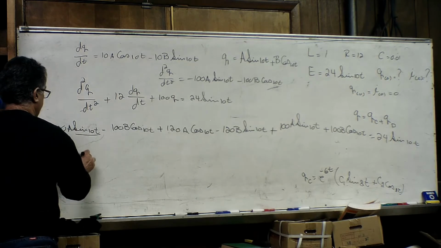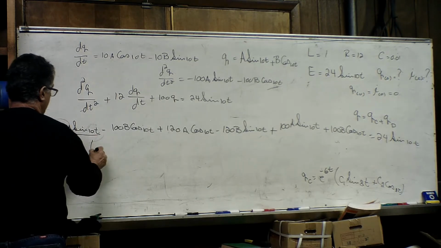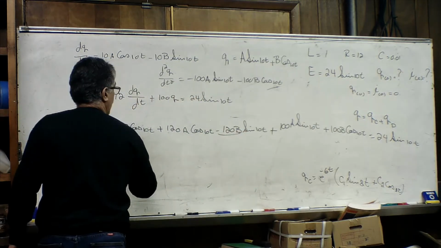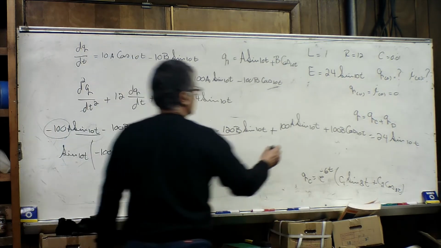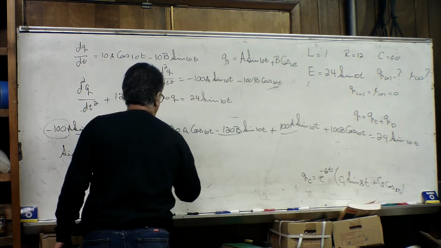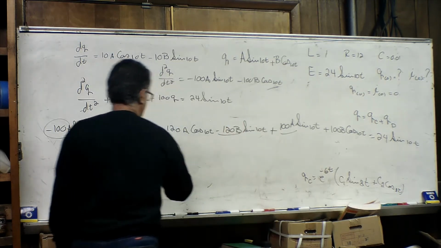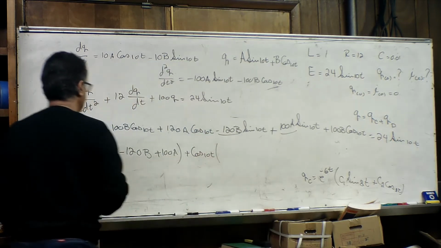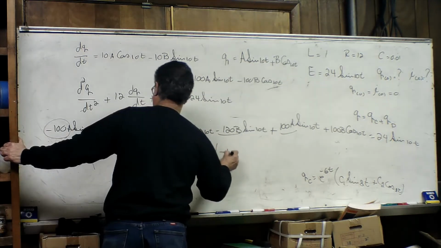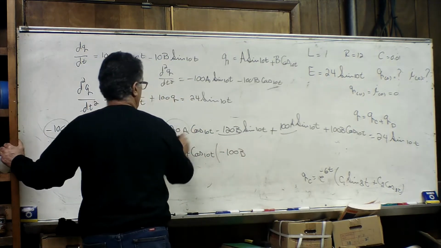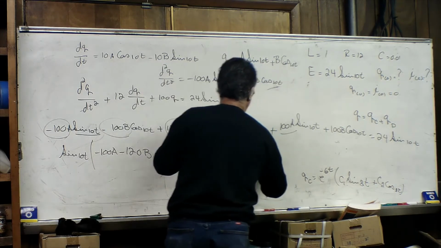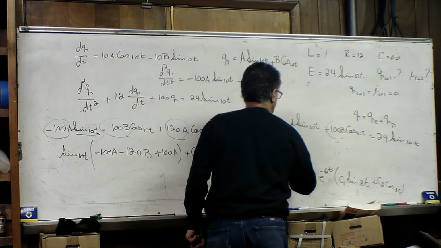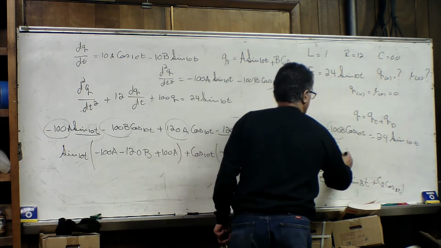So we have sine of 10t multiplied by minus 100a minus 120b plus 100a, and let's factor out the cosine of 10t, plus cosine of 10t multiplied by minus 100b plus 120a plus 100b, is equal to 24 sine of 10t.